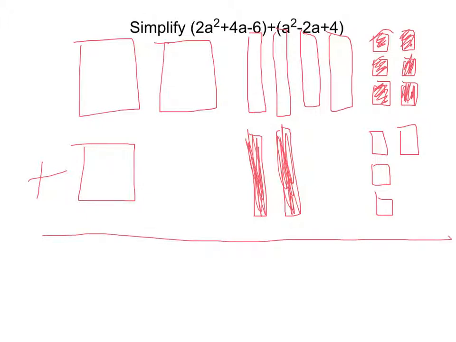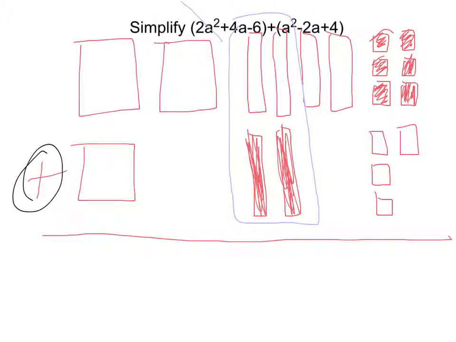And so since it's adding, we just cancel, so you cancel a positive 2a and a negative 2a right here, so then you can throw these out. And then you can cancel the negative 4a and positive 4a, and toss these out into the abyss over there.